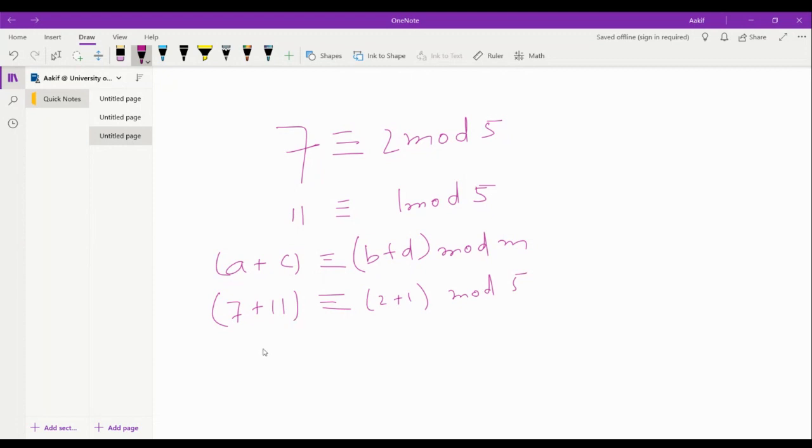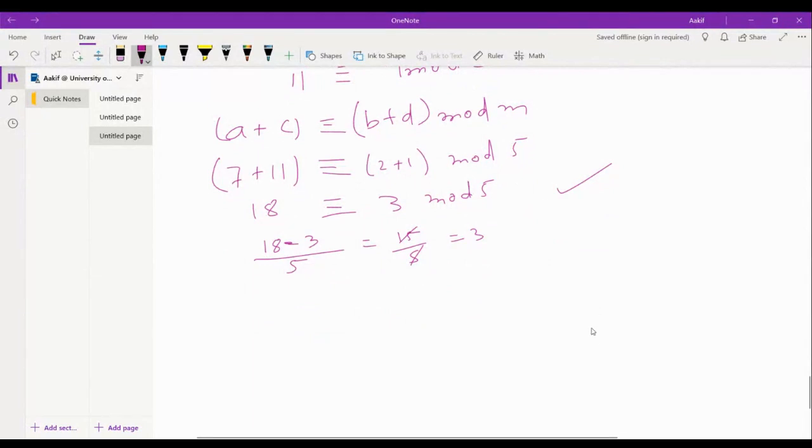So this will be 18 is congruent to 3 mod 5, and the property was that A minus B should be divisible by M. In this case, we have to check whether 18 minus 3 is divisible by 5 or not. So this will be 15 by 5, and 5 divides 15, which is 3. So therefore, the congruence of sum property is true.